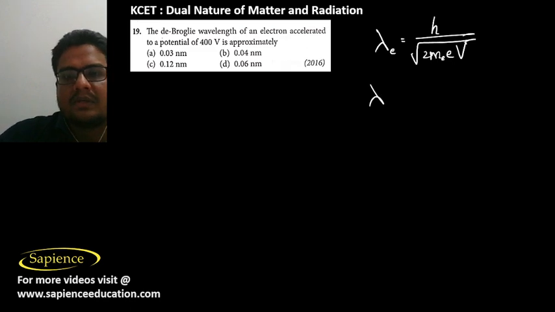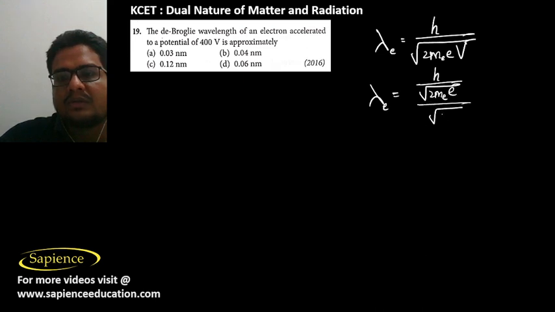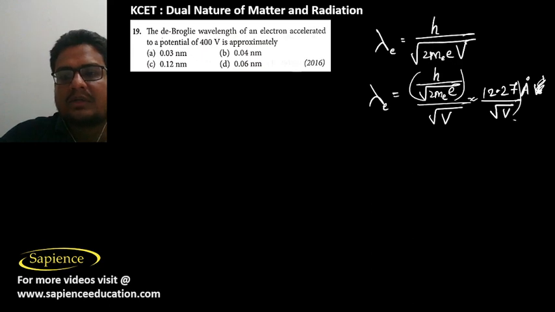This value is approximately 12.27 angstrom volt, divided by root V.